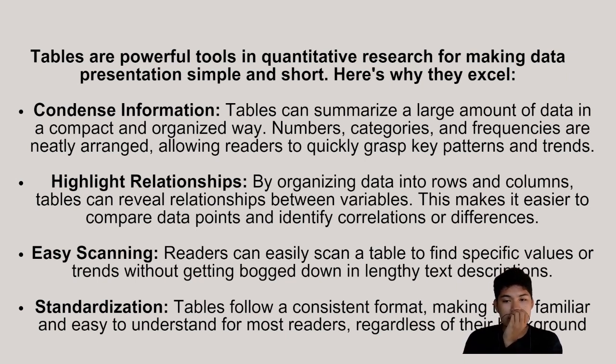Readers can easily scan a table to find specific values or trends without getting bogged down in lengthy text descriptions. And lastly is standardization. Tables follow a consistent format, making them familiar and easy to understand for most readers, regardless of their background.